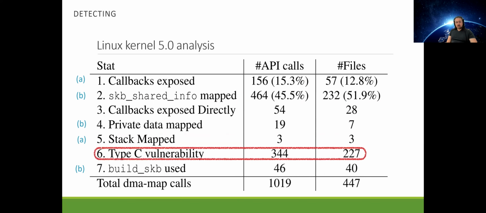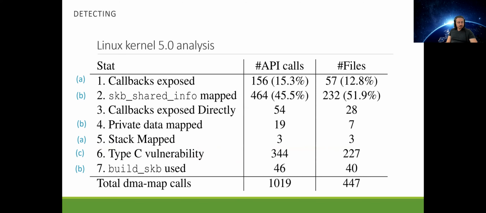And we look for explicit type C vulnerabilities, where unmapping in IOVA is actually useless from a security standpoint. What this table tells us is that about 76% of device drivers are exposed even without random exposure. And about 62% are exposed due to kernel design choices, rather than device driver bugs.